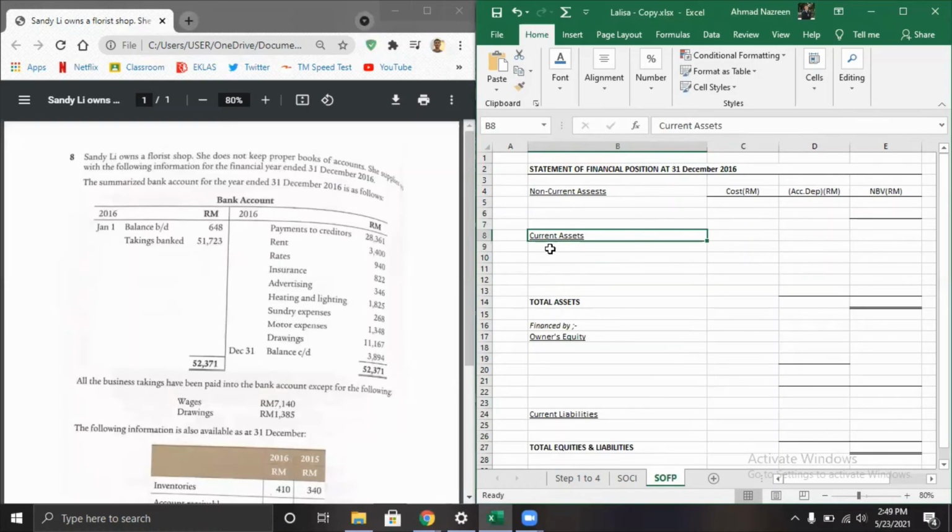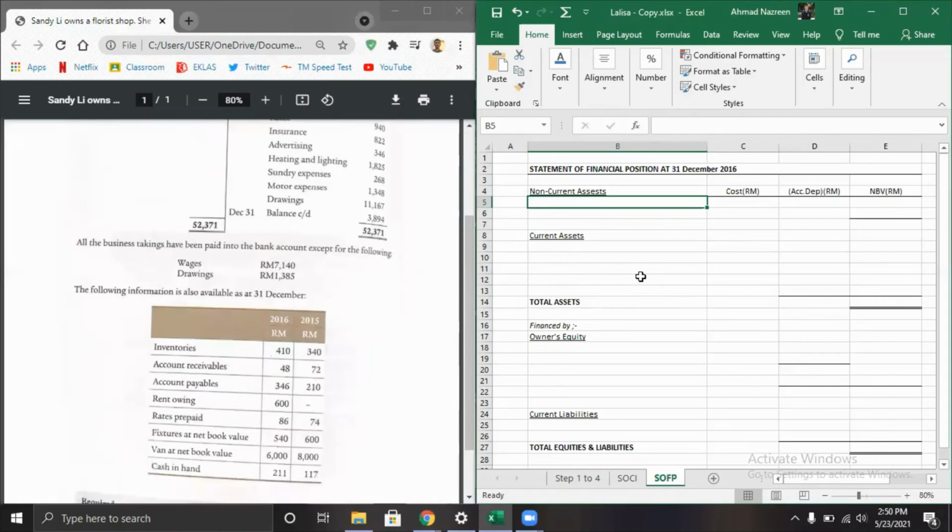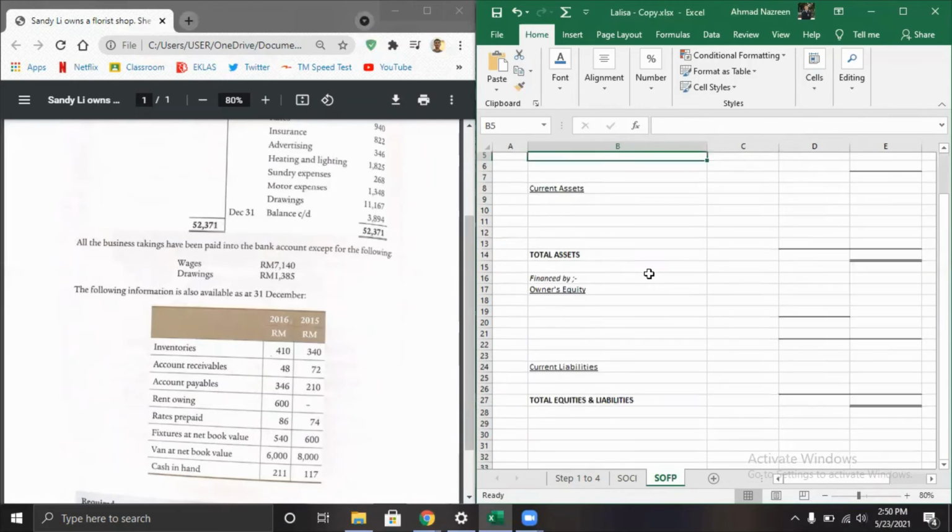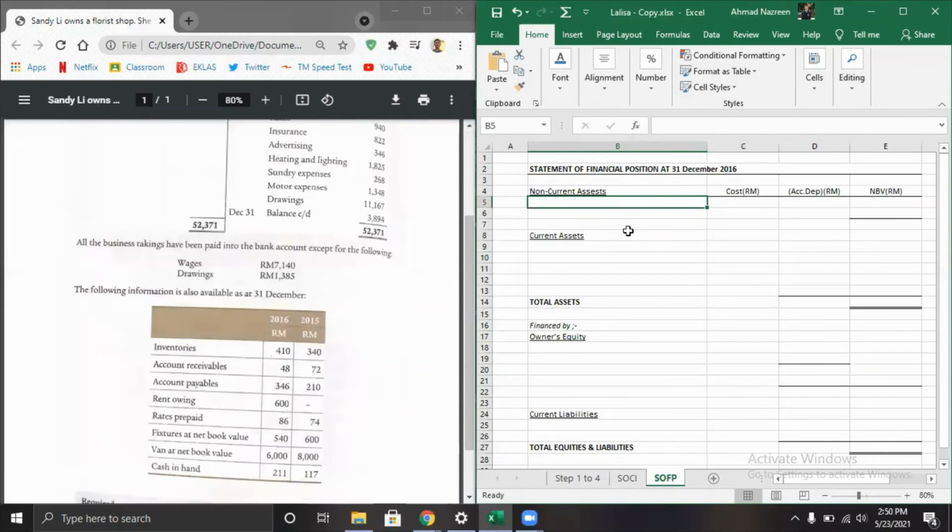So Aisha, how are we going to do it? Okay, firstly, the format for financial position is non-current asset, then current asset, then liabilities. For non-current asset is fixtures and motor vehicle.